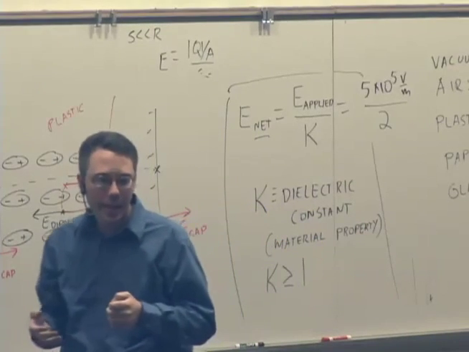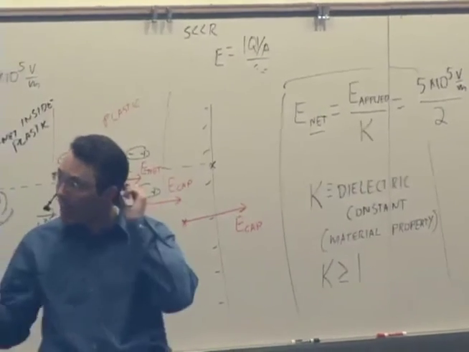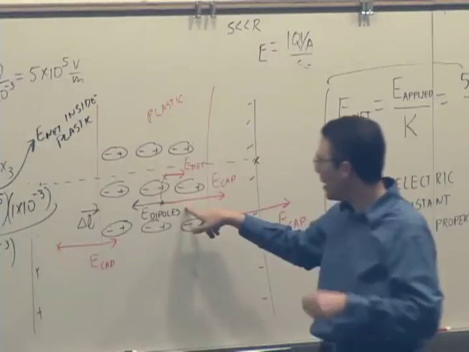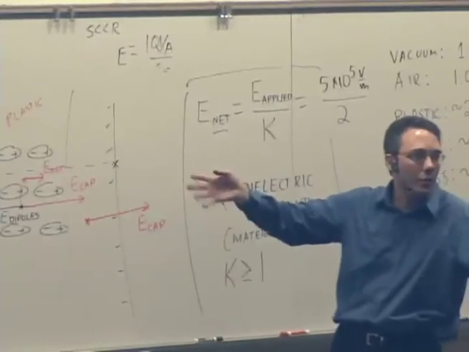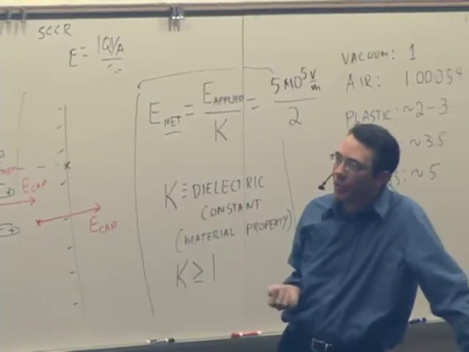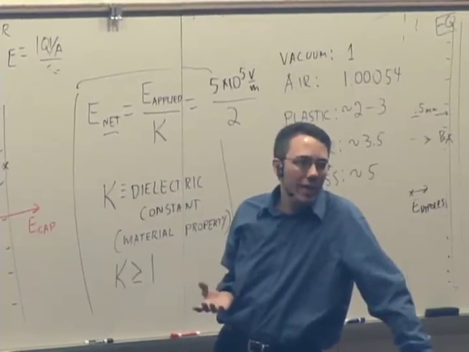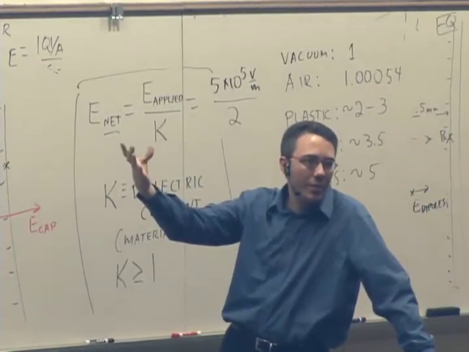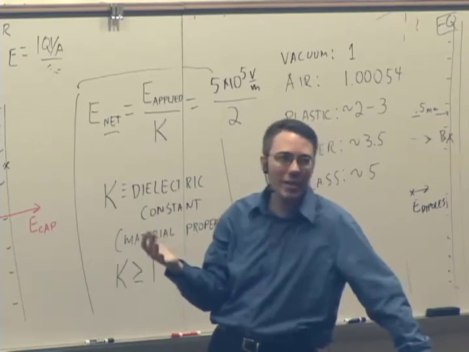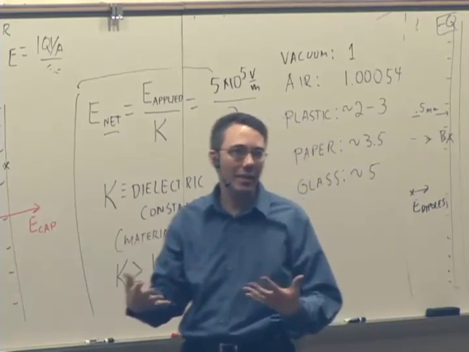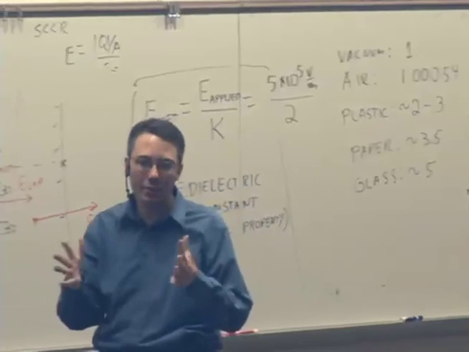The other idea is that because of the polarization of the dielectric, the net electric field is reduced from what it would be if there was just a vacuum in there. The more you reduce that net electric field, the more you reduce the potential difference across the two plates, and then you can essentially, given the same potential difference, charge up the plates more.